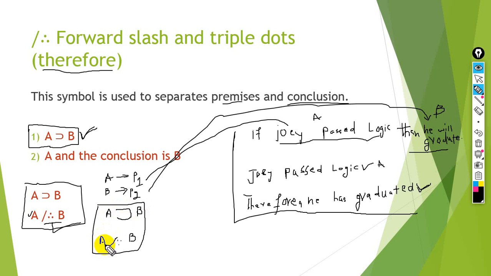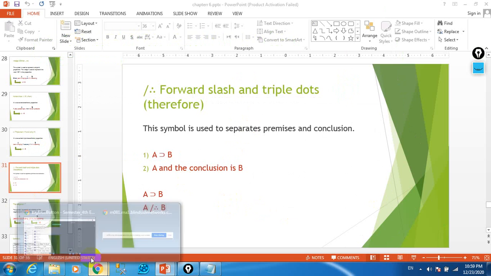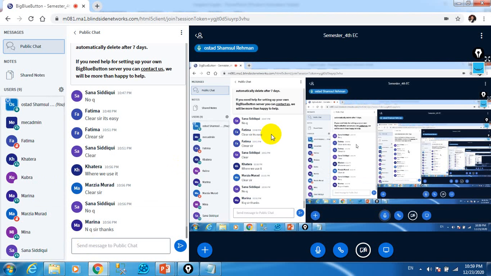Joy passed the logic, therefore he has graduated. This is the simple representation of this complete argument. Do you have this, or do you still have a problem?